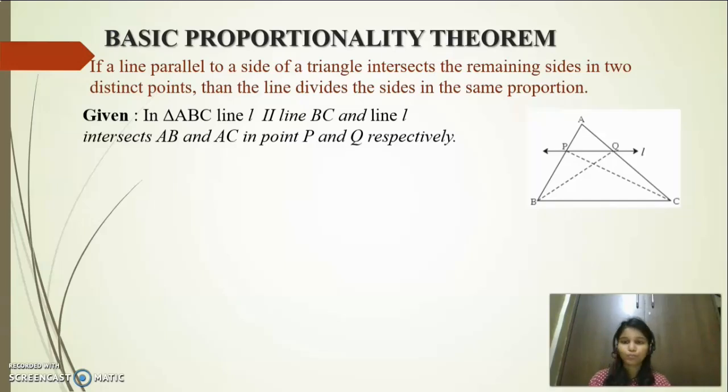Now what do we have to prove? Let us concentrate on the portion of the statement which starts with 'then'. Then the line divides the sides in the same proportion. What are they saying? They are in proportion. For example, line L is dividing side AB and side AC, correct?